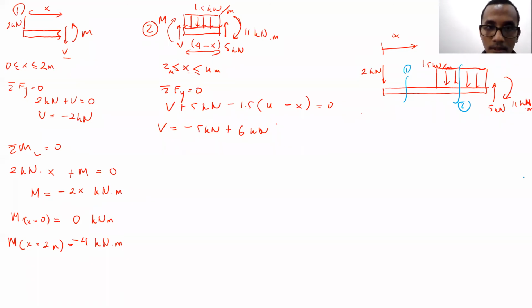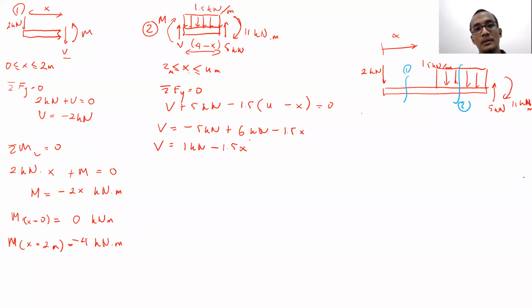Plus, minus, yeah, minus 1.5x. So the V value is supposed to be 1 kilonewton minus 1.5x. Okay, correct.